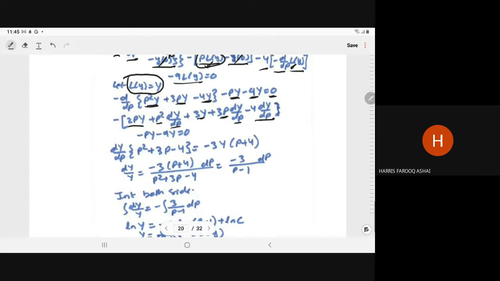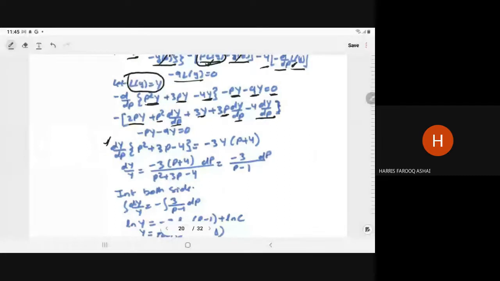So if you take dy/dp common, dy/dp times p square plus 3p minus 4 is equal to, now here we have the minus py minus 9y minus 2py plus 3y.